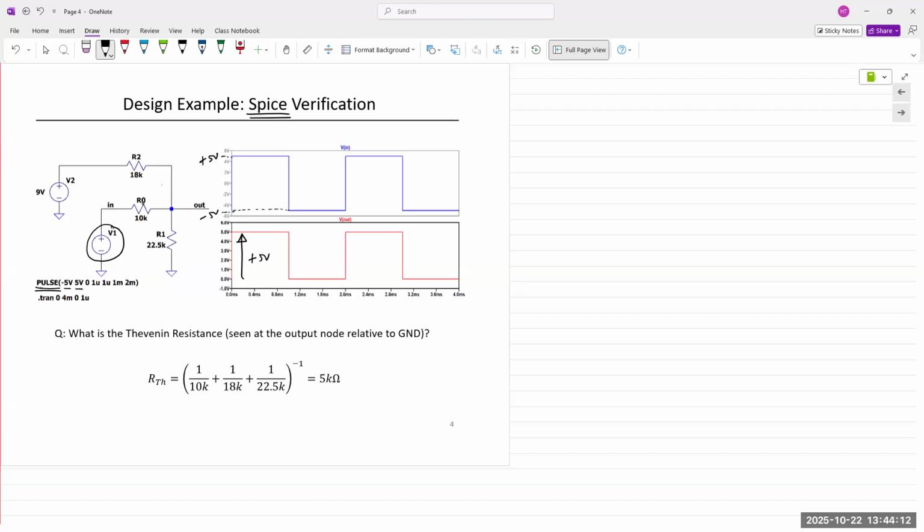End voltage is plus 5. Then 1 micro, it goes from 0 to 1 microseconds in steps of 1 microseconds. And then what is the pulse? You simulate this for, was it 1 millisecond?